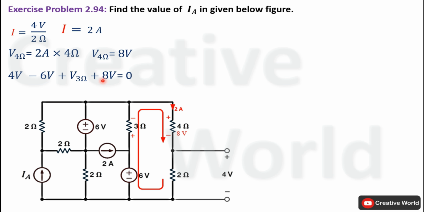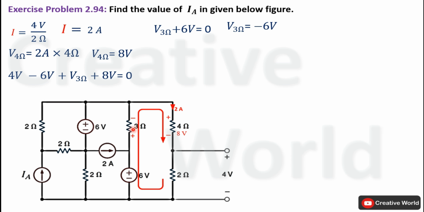Now add 8 volt and 4 volt together, it will become 12 volt, and subtract 6 volt from 12 volt, it will become 6 volt only. And place this 6 volt on the other hand side of equal to calculate voltage across this 3 ohm resistance, that will be minus 6 volt. This minus sign along with the value of voltage is indicating that we have taken wrong polarity notation across this 3 ohm resistance.